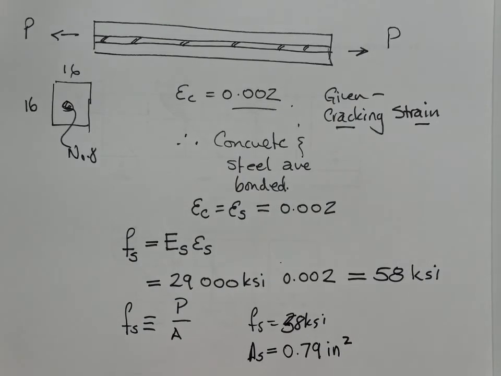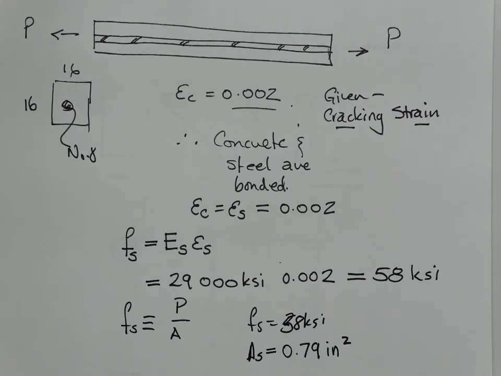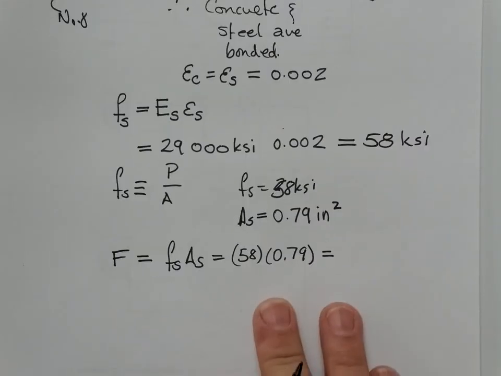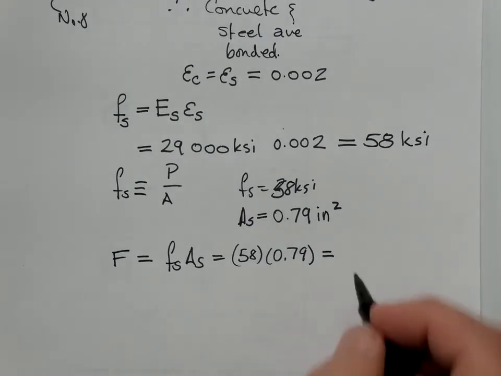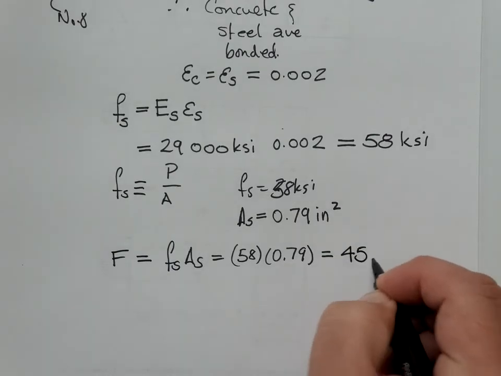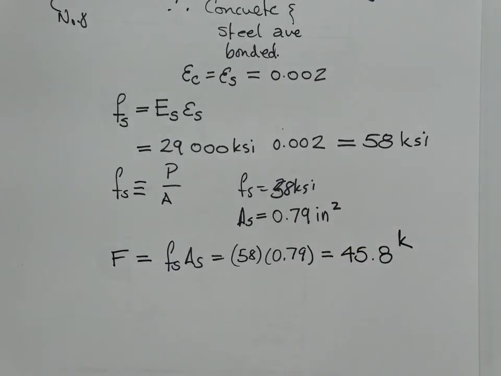And so the force is equal to the stress multiplied by the area, which is equal to 58 multiplied by 0.79. And what's that? What does that come out to be? Sorry, 45.8 kips.